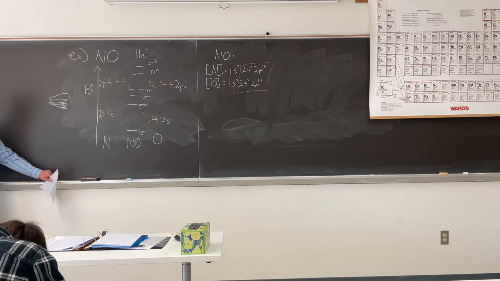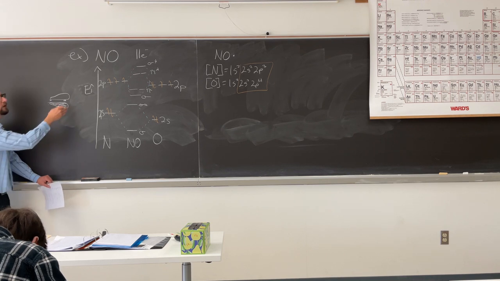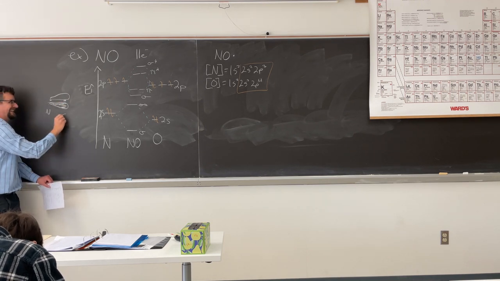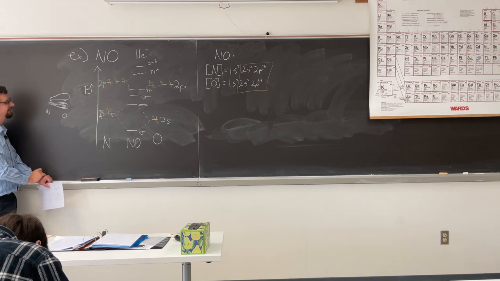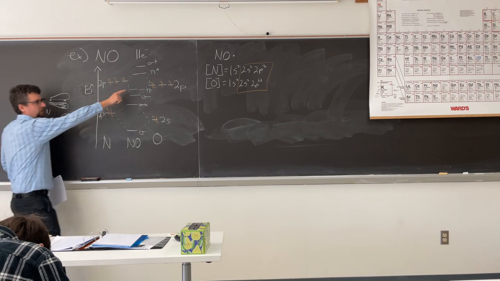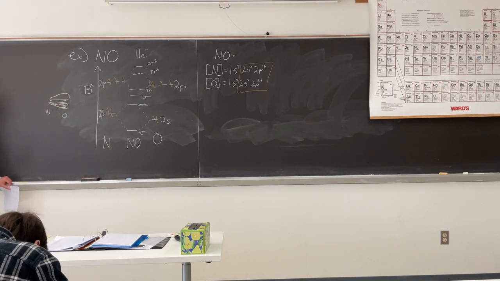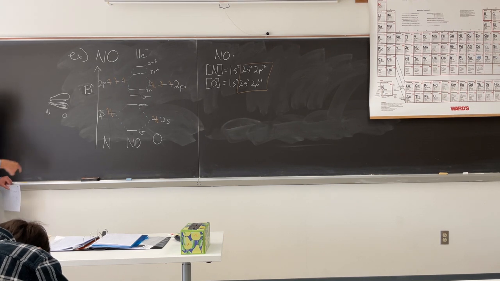But they would look something like that, right? Because there's more contribution from the oxygen. Sorry, this is the nitrogen, that's the oxygen. That's because more electrons or because it's closer in energy? Closer in energy, and if you look at that linear combination of atomic orbitals, you'll find a higher coefficient on the oxygen side. Okay?